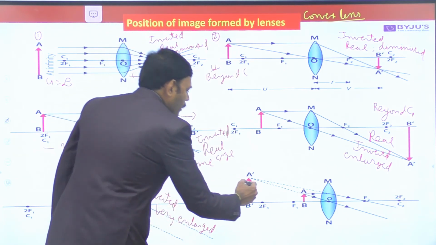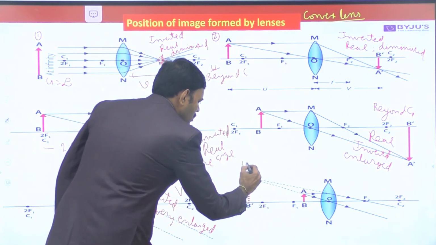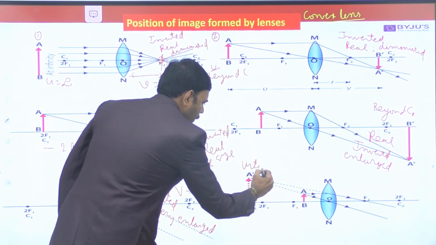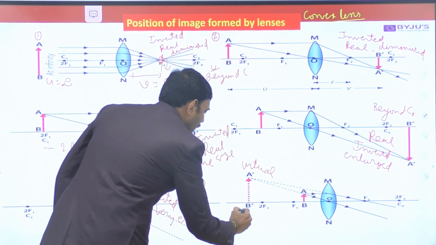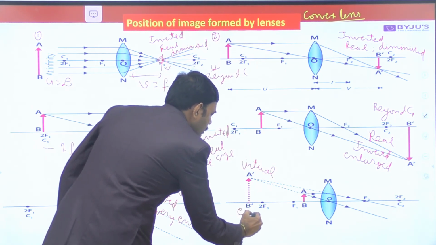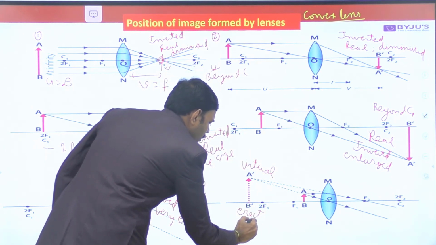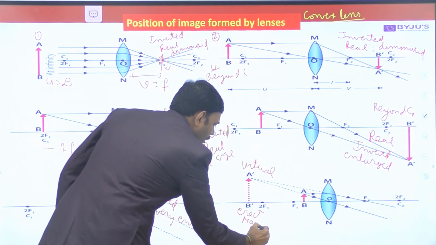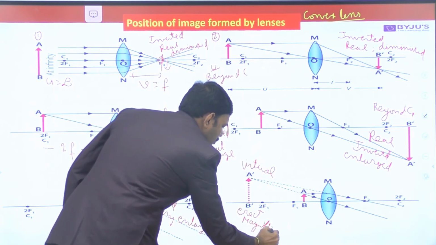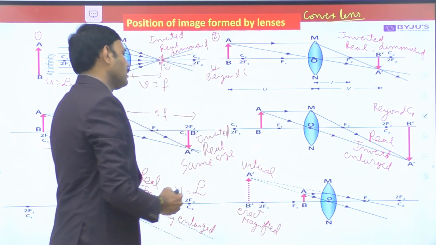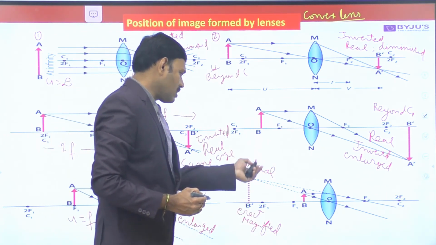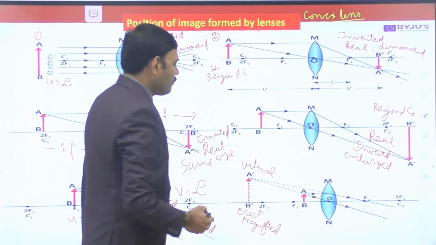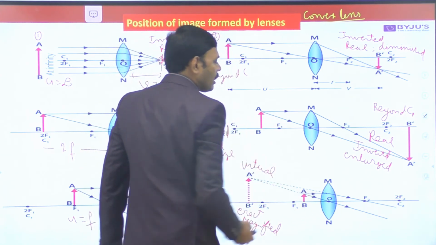So this is the only case in which we get a virtual, erect, and moreover magnified image. Erect, magnified and virtual image is formed when the object is kept between the focus and the optic center.